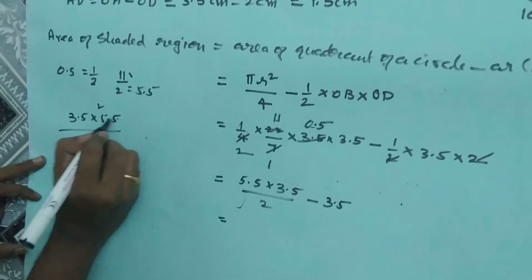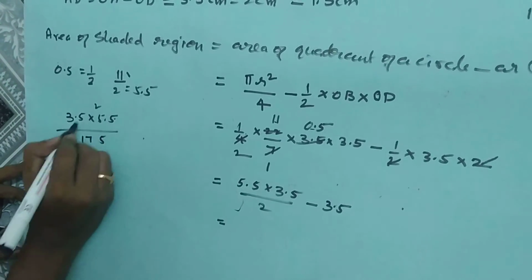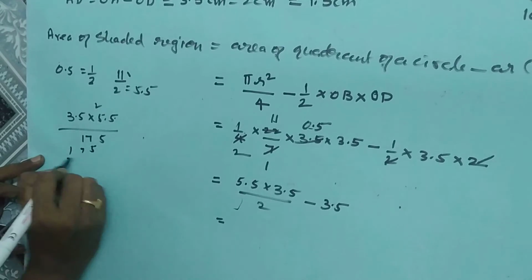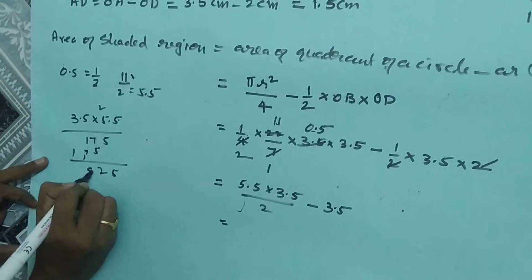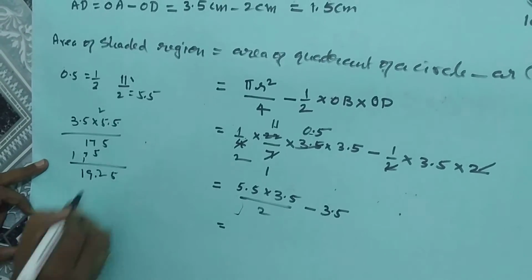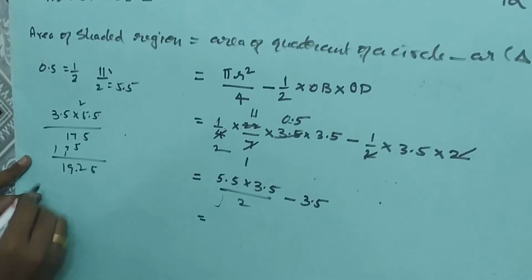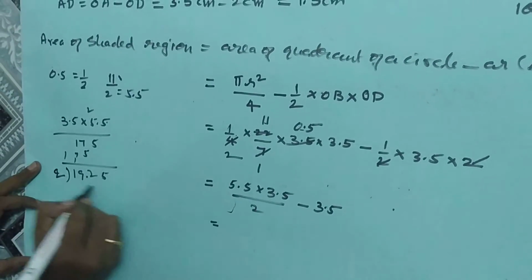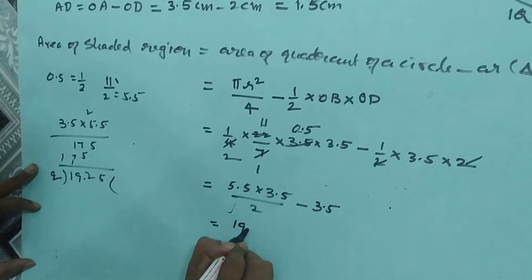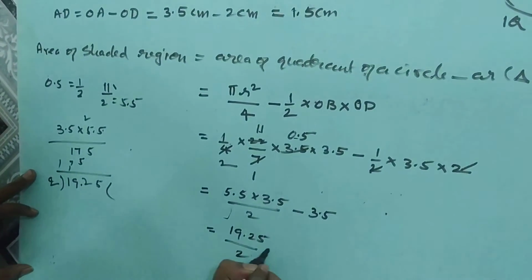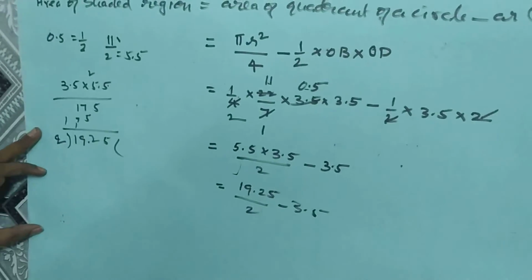5 5s are 25, 5 3s are 15, 17, 5 7s are 35, and so 19.25. When it is divided by 2, 19.25 by 2 minus 3.5.